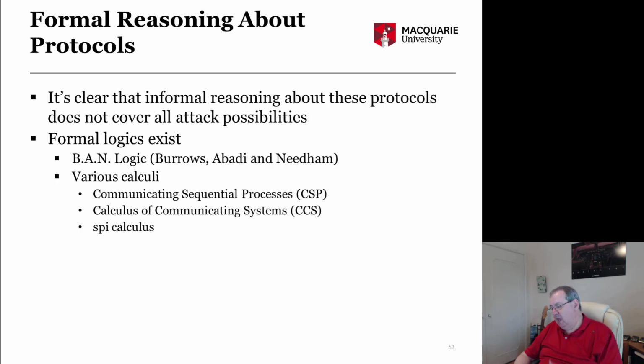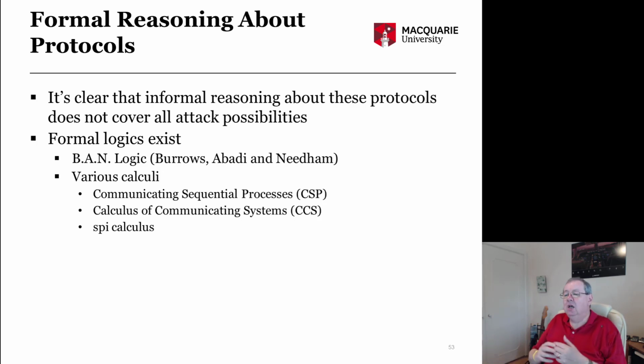So I've explained these various different protocol steps as I went through. And it's very clear that trying to think about this stuff is difficult. Okay? Informally reasoning about these protocols doesn't cover all attack possibilities. When the Needham-Schroeder protocol came out, people thought about it, but it took 7 years to come up with one possible replay attack against it.